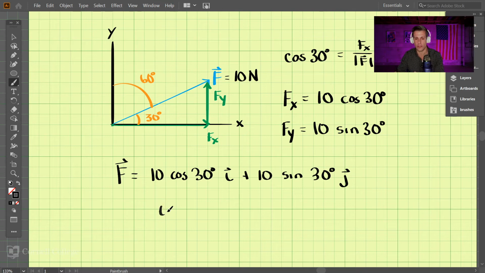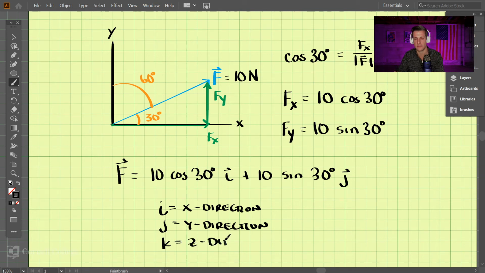So we say that i is equal to the x direction, j is equal to the y direction, and likewise k is the z direction. So these are components in the x and y directions here, and this represents this vector.